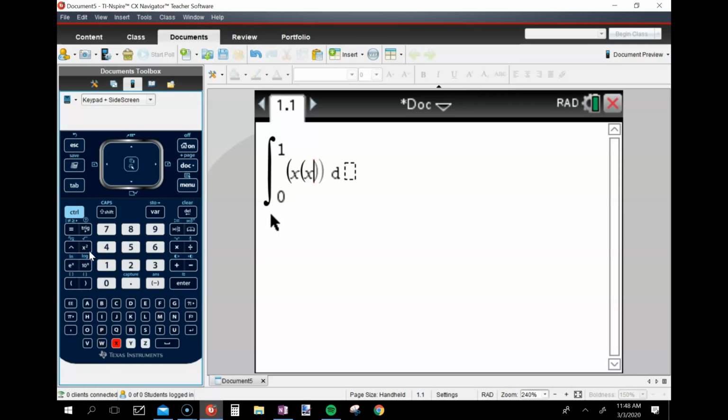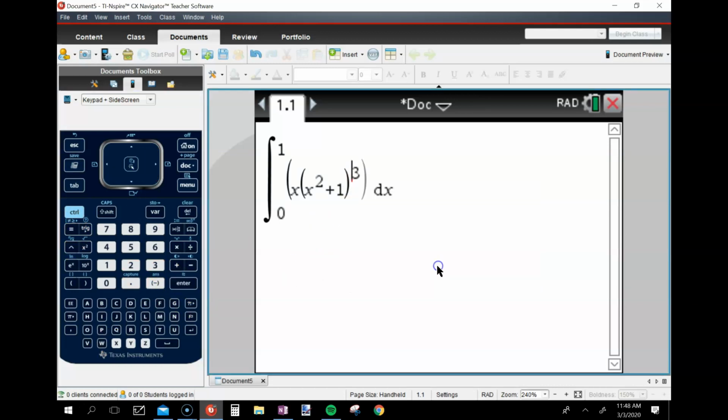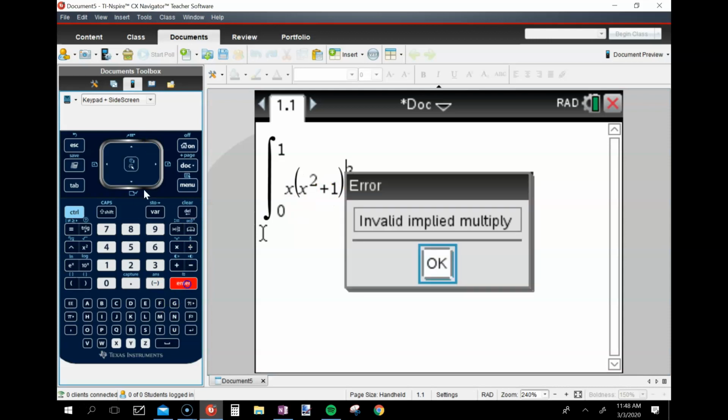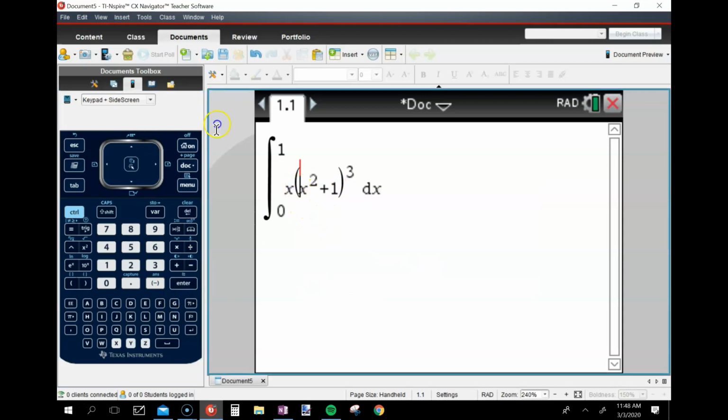What is it? X squared plus 1? What does that mean? Maybe it doesn't like that. Oh, all right. That's why. Invalid implied multiply.